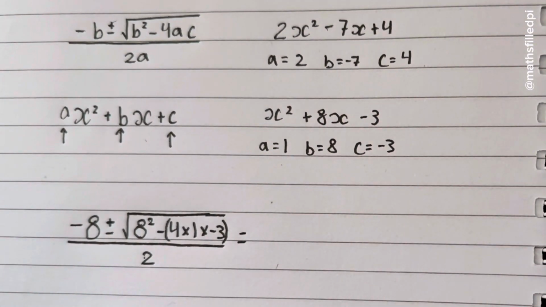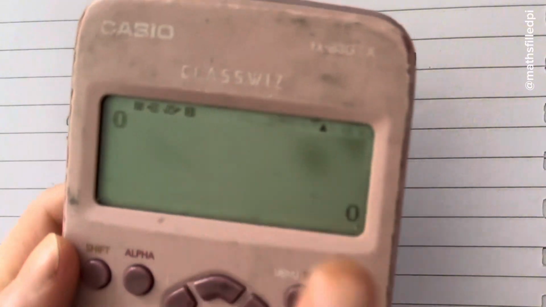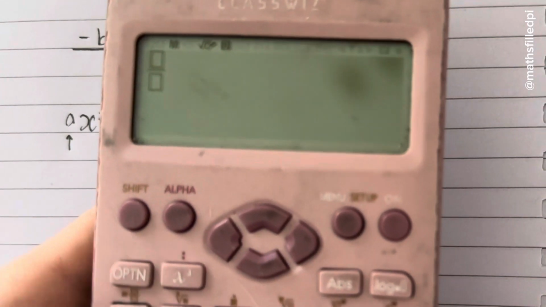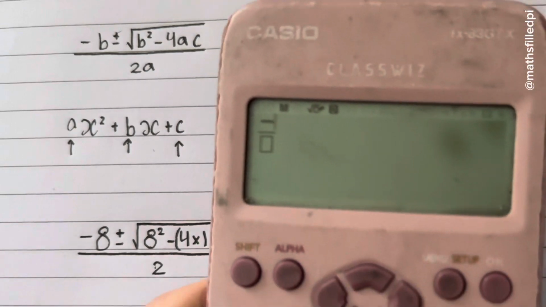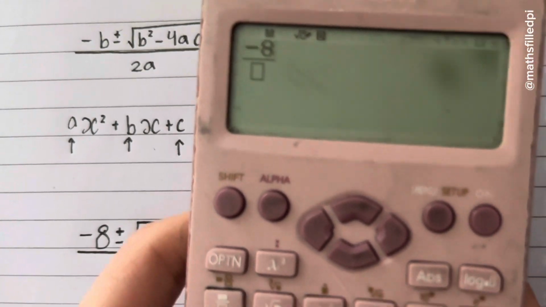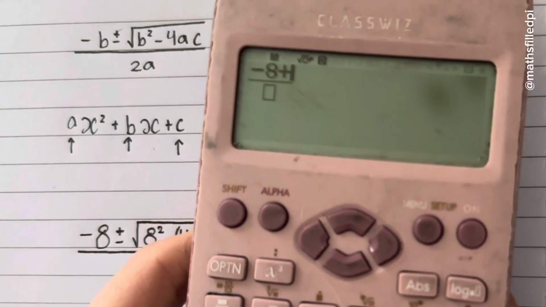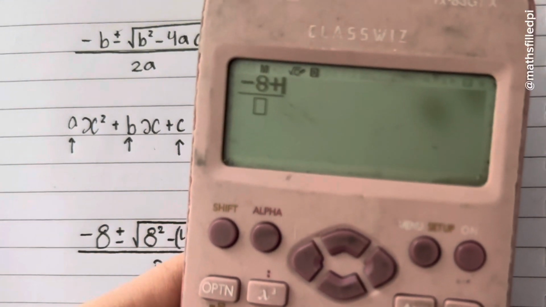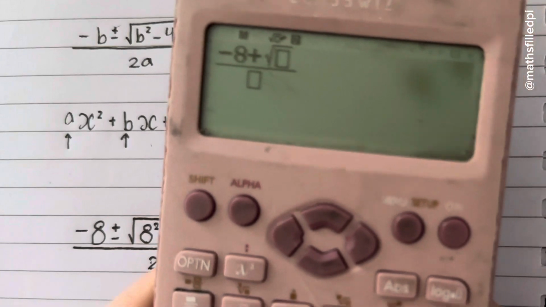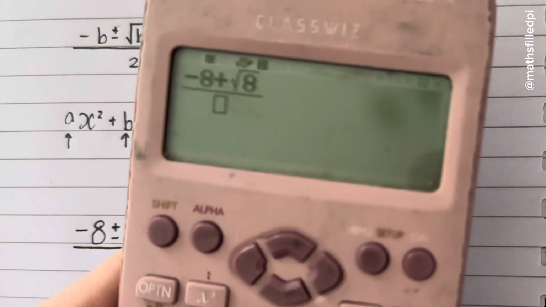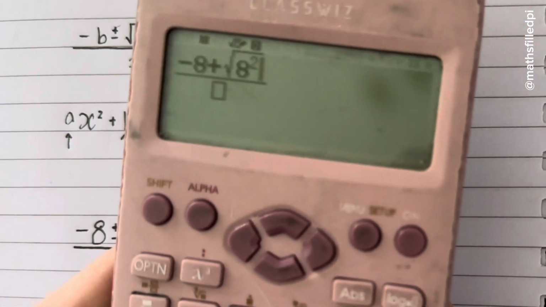Now, we're going to put this into our calculator. So, if you press the fraction button first, then minus 8. We're going to do add first. Then you're going to press the square root, and then you're going to want to press your b again, and then the squared number.